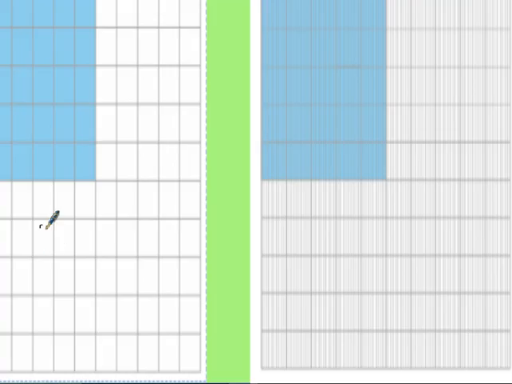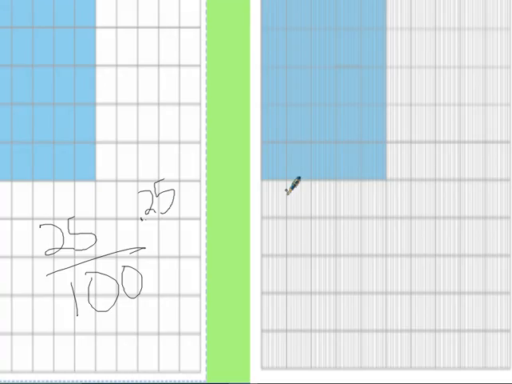So this is 25 out of 100, or 25 hundredths of it is shaded in. Well, let's look here. Oh my goodness, this is out of 1,000. There's 1,000 there. So what do we have out of 1,000?